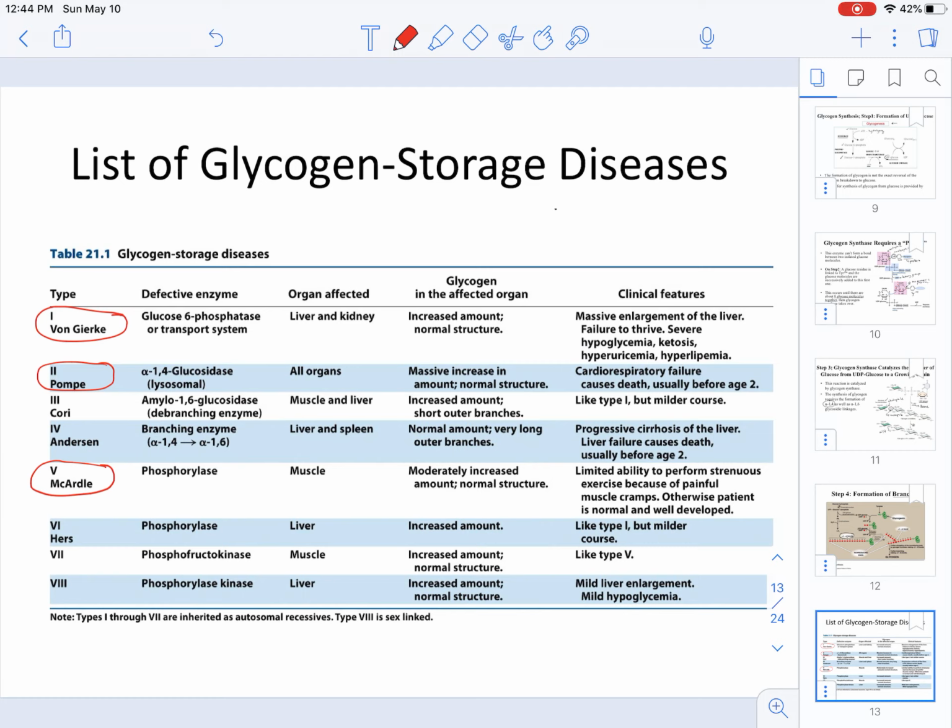But what I want you guys to do is to understand and practice: if there's a defect in a particular enzyme that has to do with glycogen storage, why is it that we observe the effect in the glycogen in the organ, and also you can explain some of the clinical features that we observe. So I'm going to specifically talk about type 1.